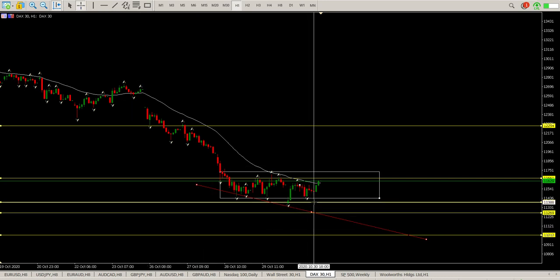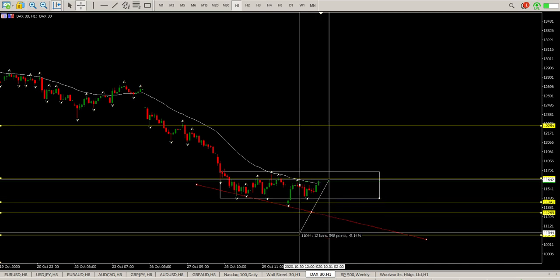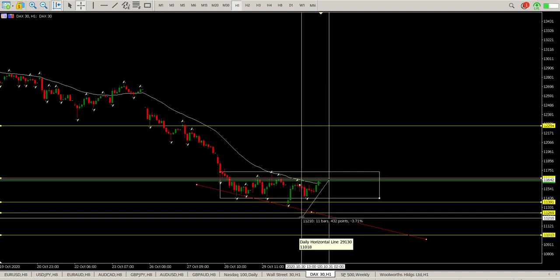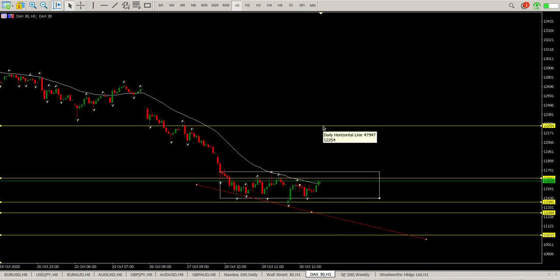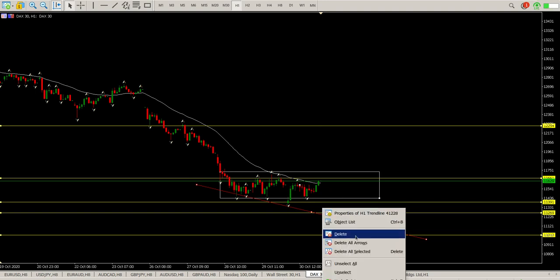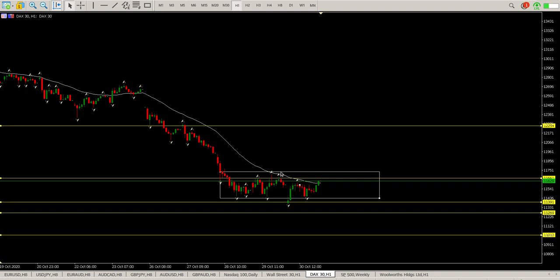From where price is, it's not that close, still 600 points to go for the head and shoulders target. So we're halfway to the target. Anyway, I'm just going to eliminate that from my thought process at the moment, and clean up a little bit so we can get down to a lower time frame.